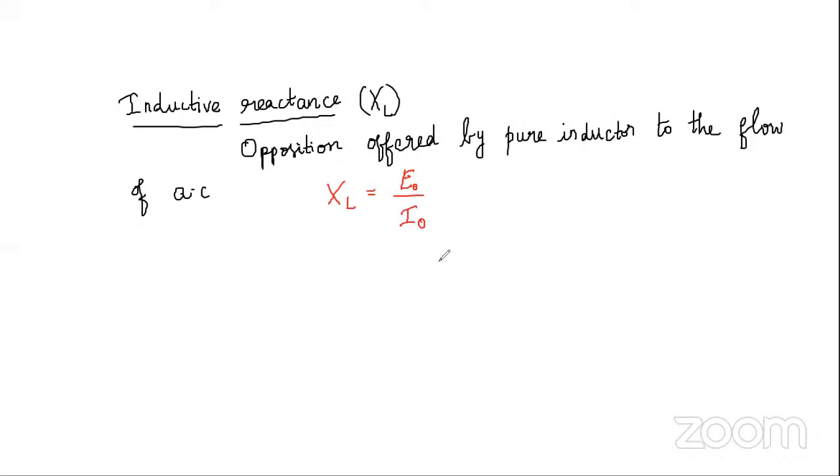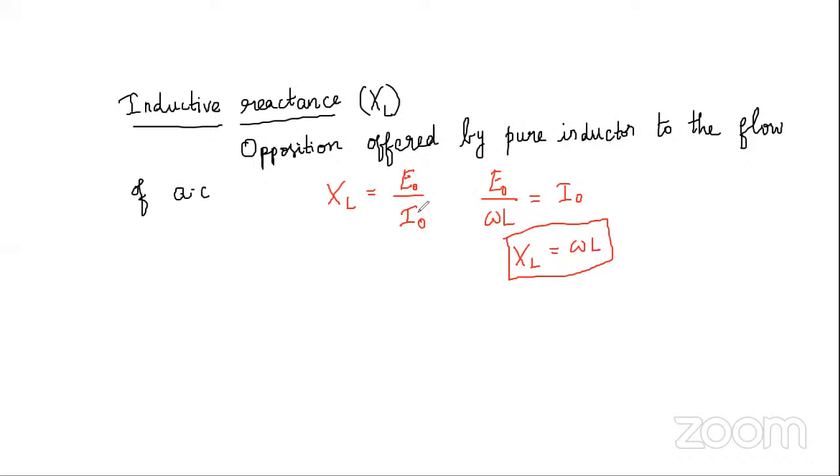And we know very well E naught by omega L equal to I naught. That means XL is equal to omega L.